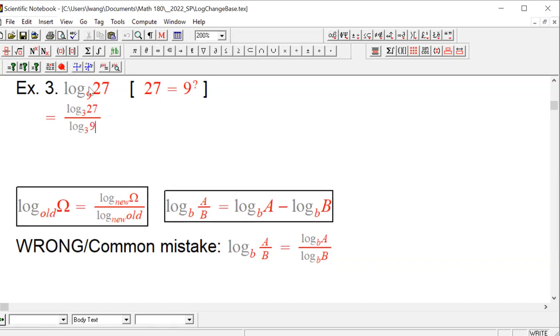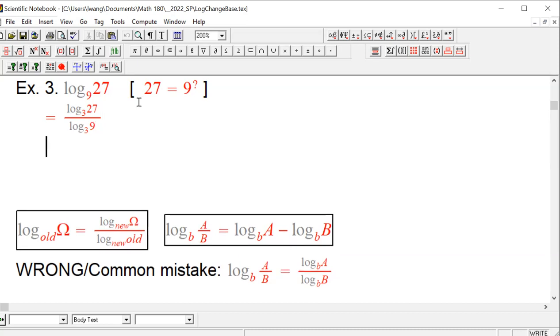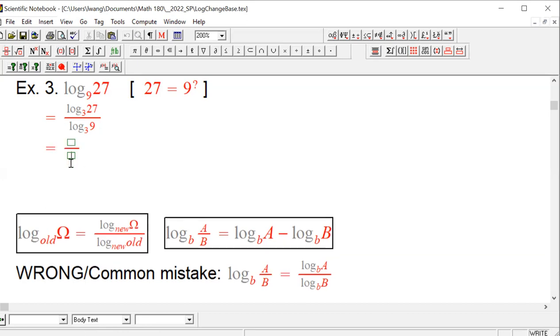Okay, so the old base is 9. So by this time you will get the denominator equals 2 and the numerator equals 3. So that makes it pretty easy to do. However, if you don't do this, then you need to figure out how 27 is expressed as 9 to a certain power.